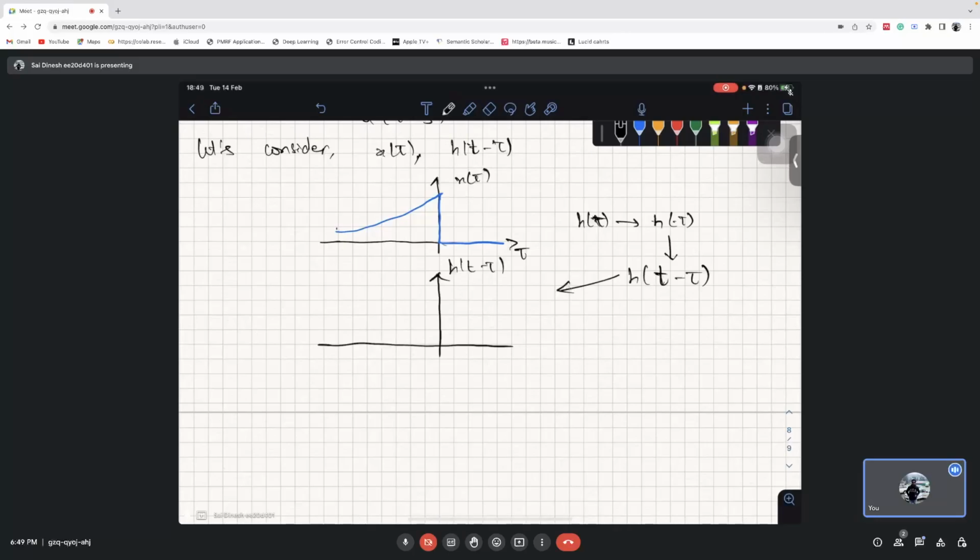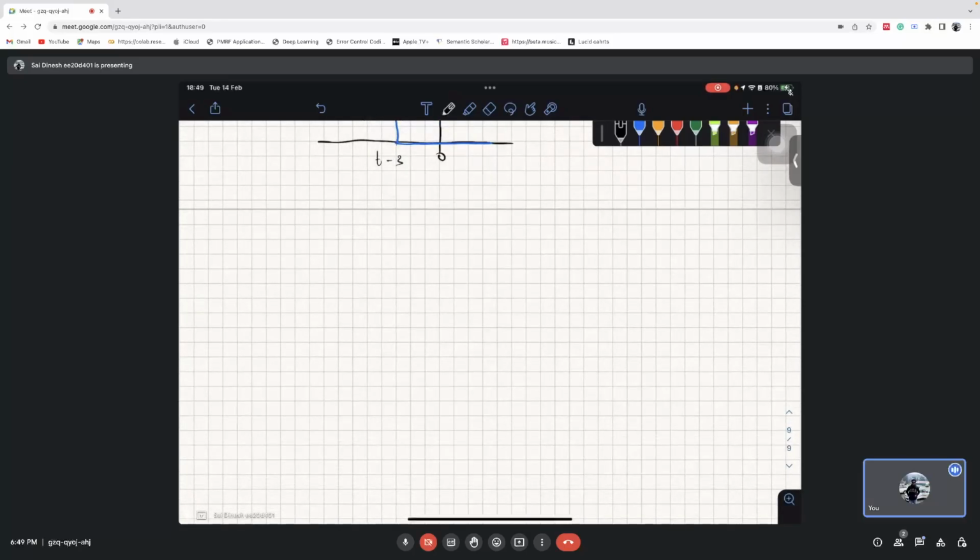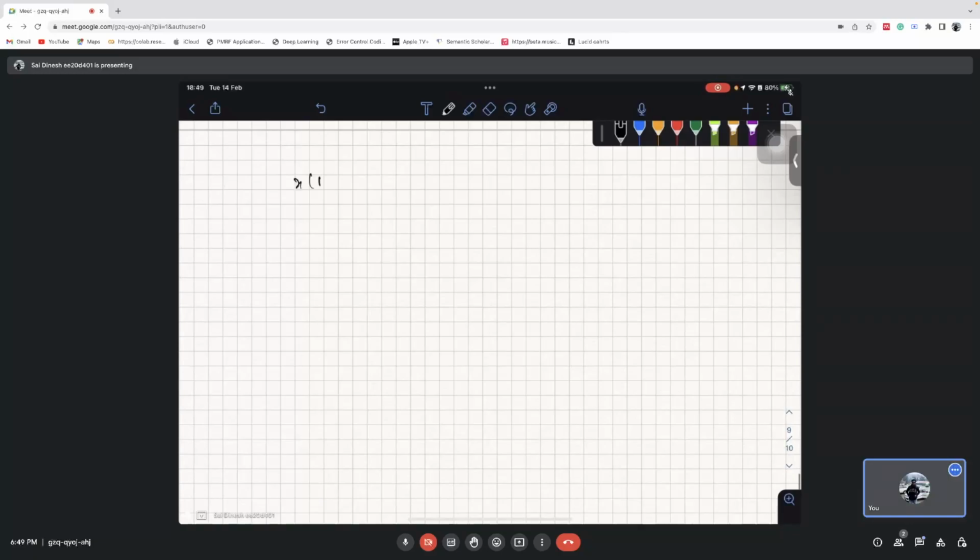So this is a shifted and time-reversed unit step, which is t minus 3, and this is 1, 0, 0. Okay, so this is t minus tau. So how do we do this integral? y of t is the integral from minus infinity to infinity of x of tau h of t minus tau d tau.